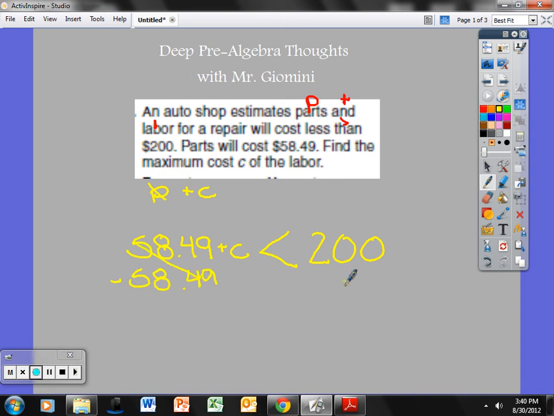So that would cancel out. I'm going to subtract, and I will make sure I line up my place values. $58, I will add 2 zeros here to make it look $200 like this, so I can line up my change. Here we are.